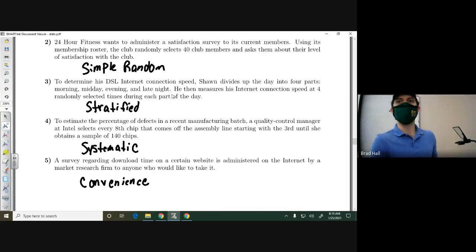Again, people who volunteer to take a survey are going to be more passionate about the topic that the survey is discussing. That's why they call it a convenience survey, or a convenience sampling, which is the worst kind of sampling.